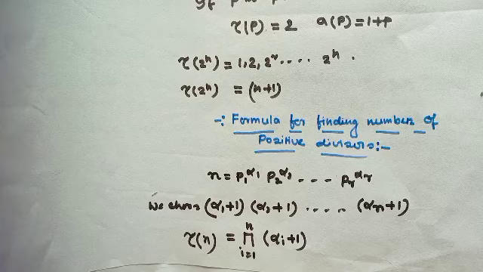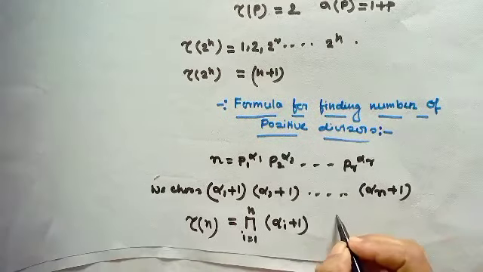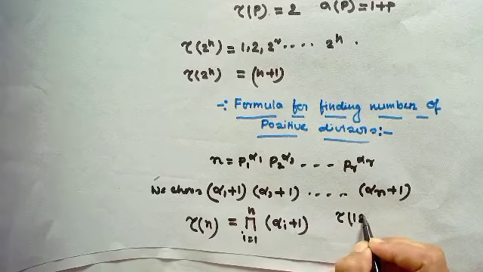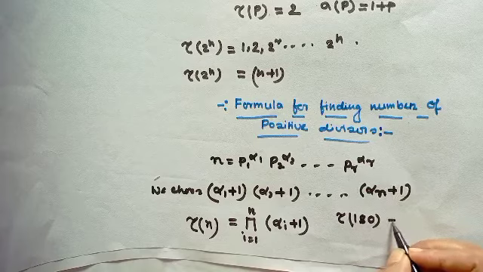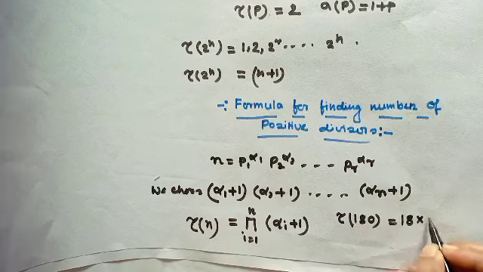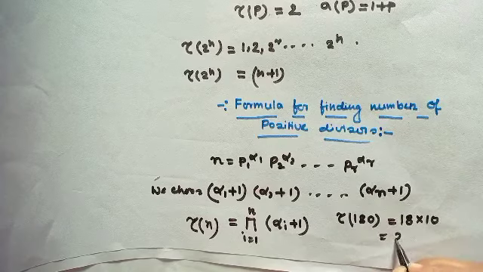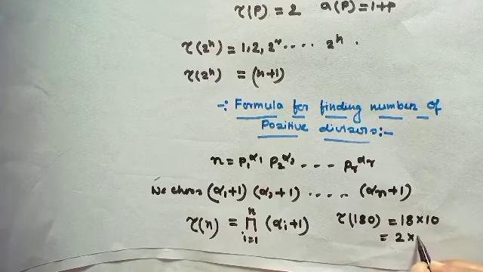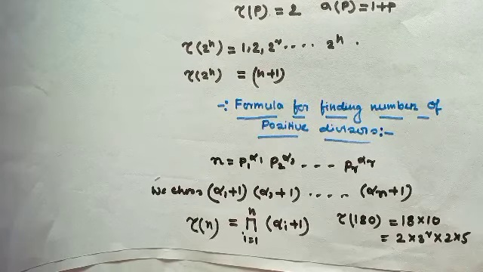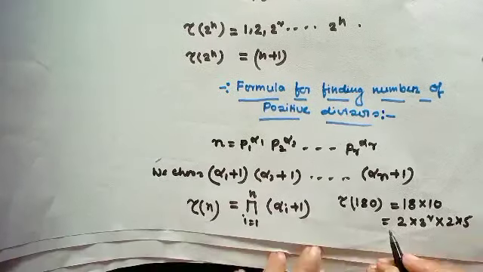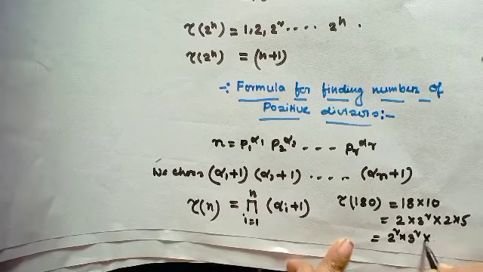Okay, let's see one example. What will be tau 180? 180 equals 18 times 10. This is also equal to 2 times 3 square times 2 times 5. That means this is also equal to 2 square times 3 square times 5.